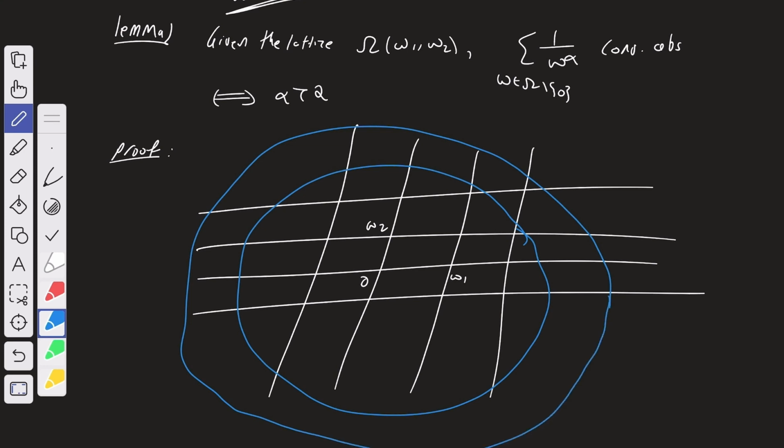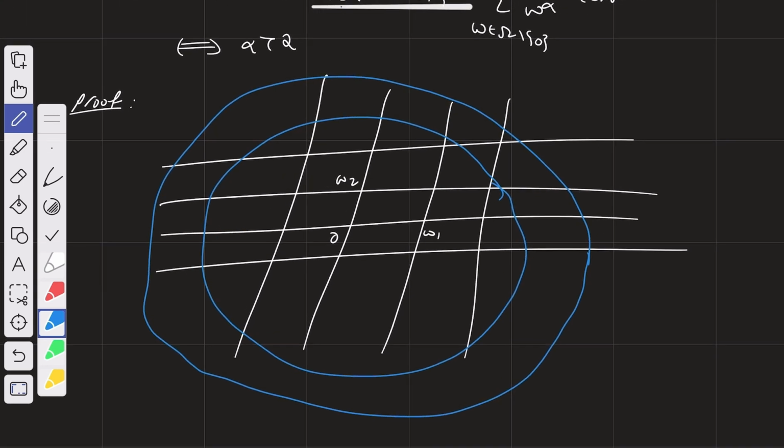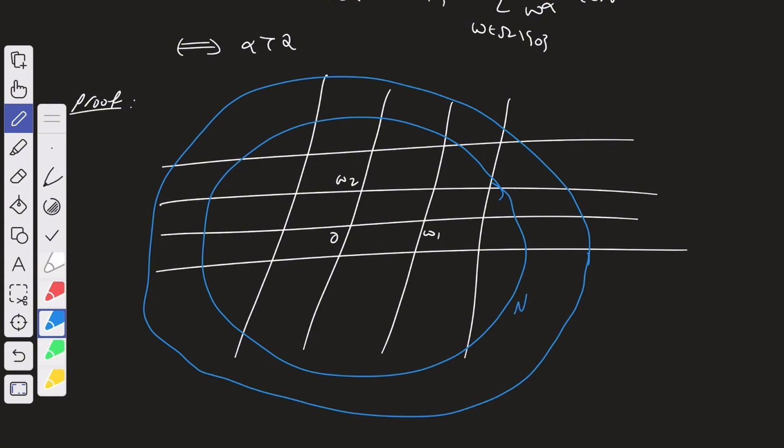Okay, it doesn't look much like a circle, but you get the idea. So we consider two circles, say of radius n and of radius n plus 1. And we ask the question, how many periods are in between these two circles? And we're going to count these.